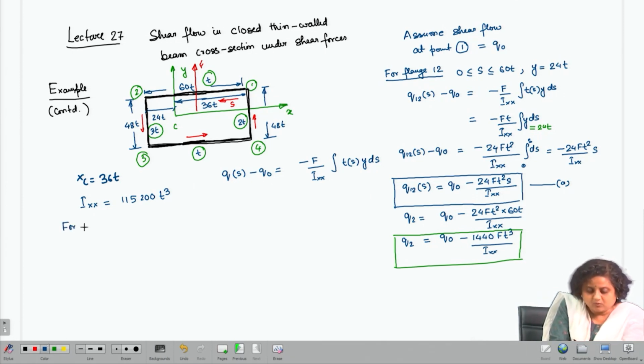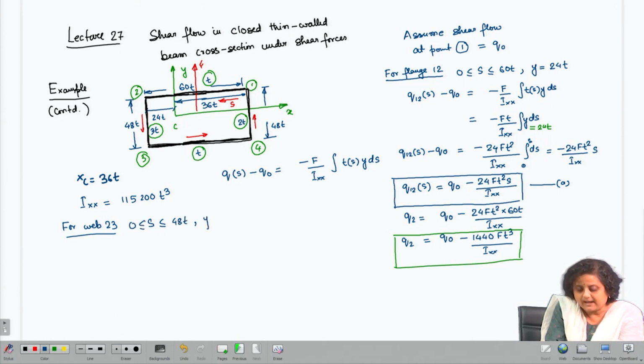For web 2-3, my S is going to vary between 48t to 0, and my y is going to be minus s plus 24t.